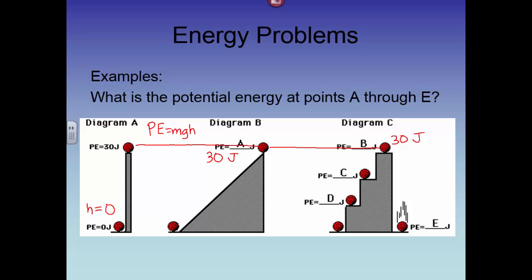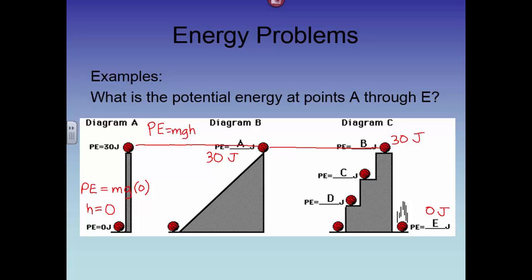And if the height is 0, what happens to your equation? If the height is 0, then it doesn't even really matter what mass and gravity are, because anything times 0 is 0. So potential energy anywhere on the ground is going to be 0. 0 joules at point E.